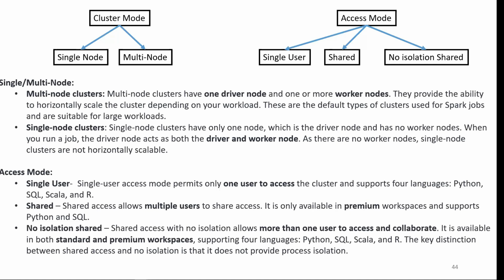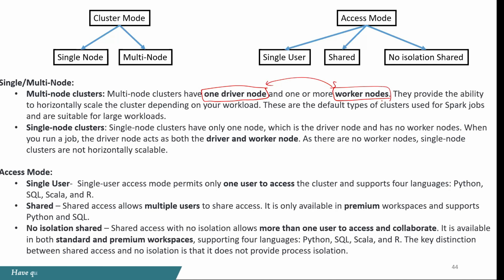A multi-node cluster has one driver node, which you can call the master node, and one or more worker nodes. We can combine these roles into one compute as well, which is called the single node.